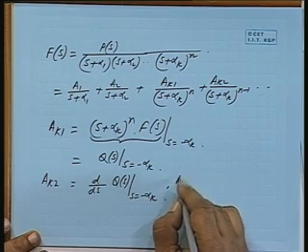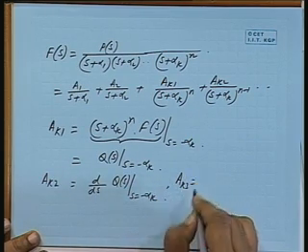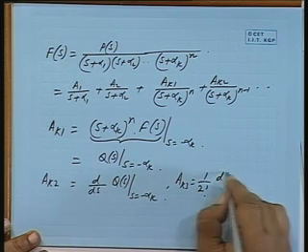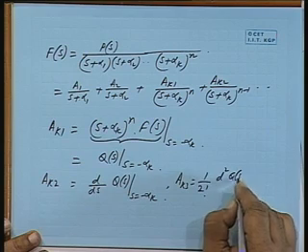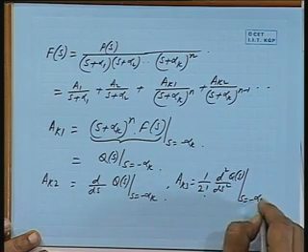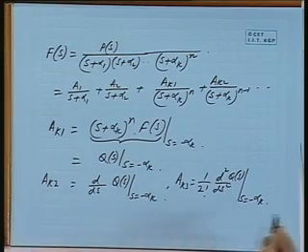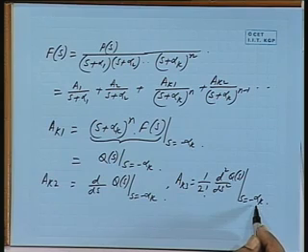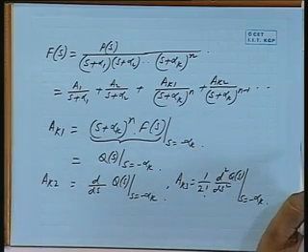Similarly, ak3 will be 1 by factorial 2 into d square Q(s) by ds square, the second derivative, and then substitute s equal to minus alpha k, and so on. For the third derivative it will be factorial 3 and so on. So you keep on taking the derivatives of this product and then evaluate the function at s equal to minus alpha k, that will give you successive residues.